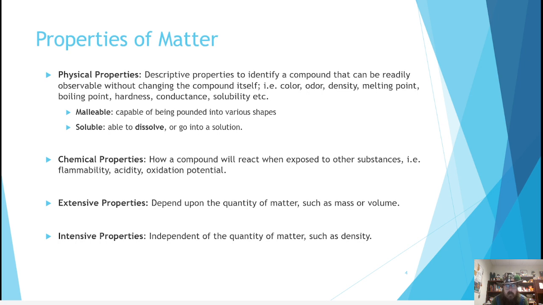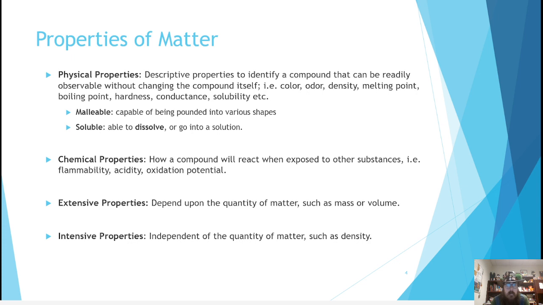The intensive properties are independent. So, for example, melting point, the melting point doesn't change just because we have more of a substance. It doesn't necessarily become harder just because we have more of the substance. It doesn't conduct more electricity just because we have more of the substance.